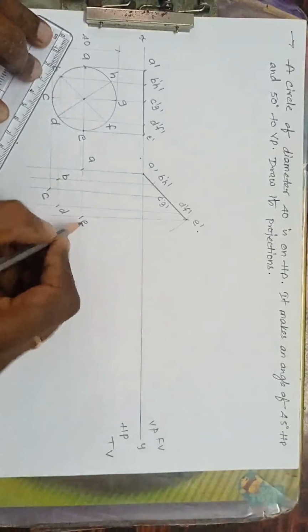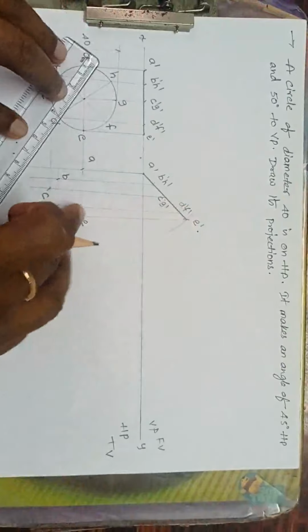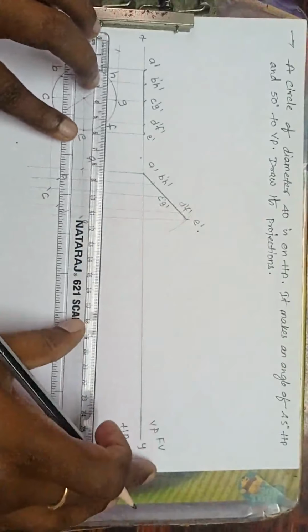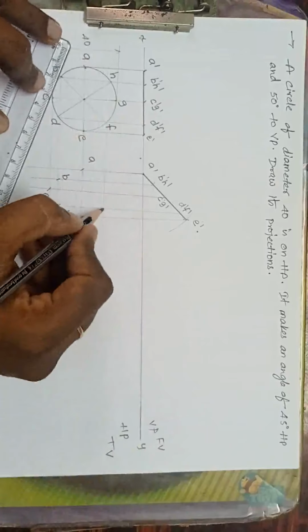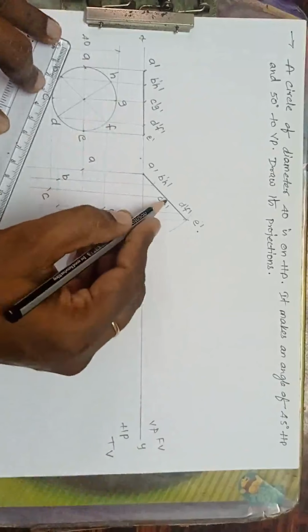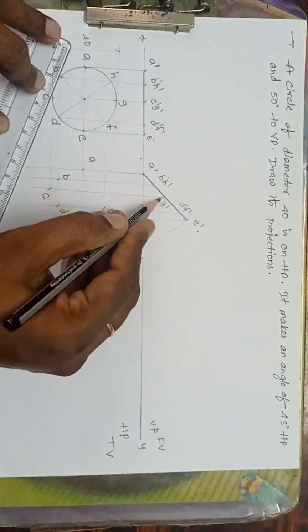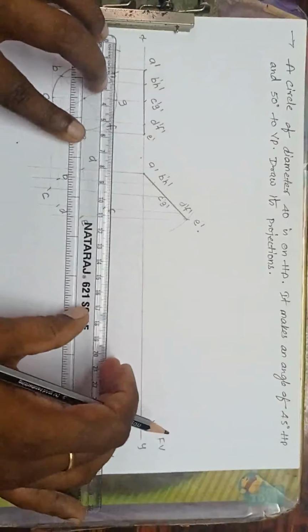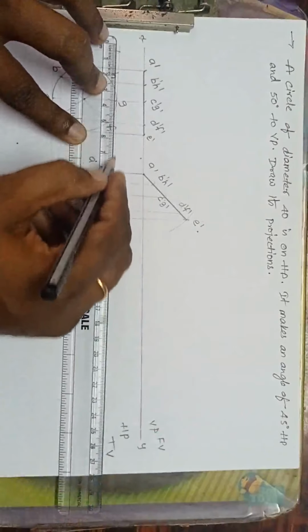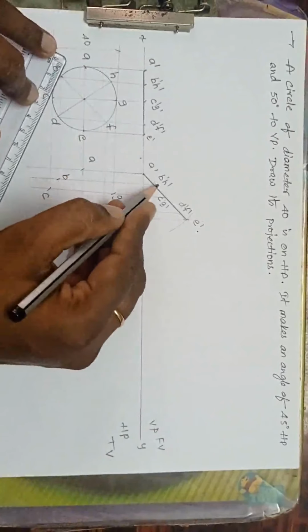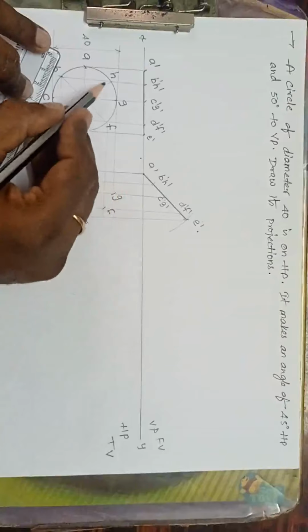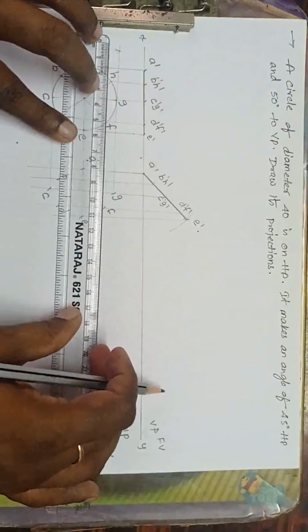This is E. Now from F dash perpendicular line, from F horizontal line. Yes, from G dash perpendicular line, from G horizontal line. I'll get something like this. This is G. From H dash perpendicular line, from H horizontal line.